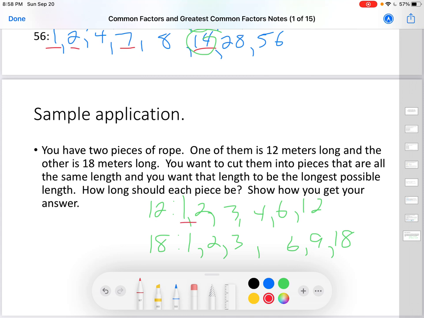Find the common factors. 1, 2, 3, 6. Find the greatest common factor, 6. So how long should each piece be? 6 meters long. And that's how you get your answer.